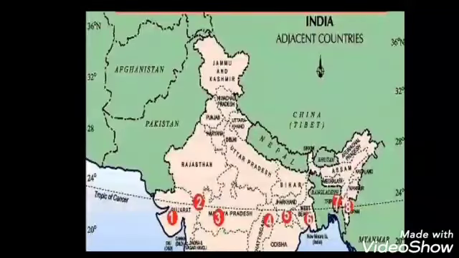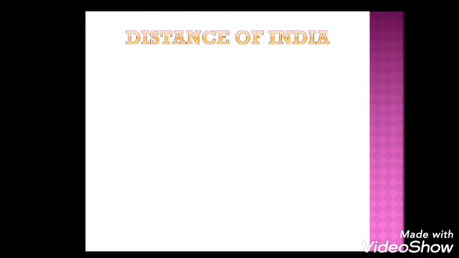If we see this on the political map of India, these are the 8 states through which the Tropic of Cancer passes. They have been numbered from 1 to 8, from 1, Gujarat, until Mizoram. Now coming to the distance of India.